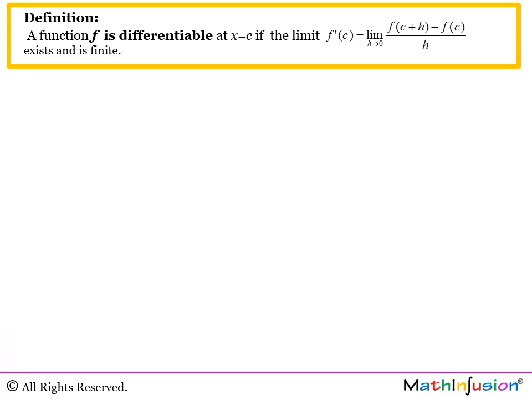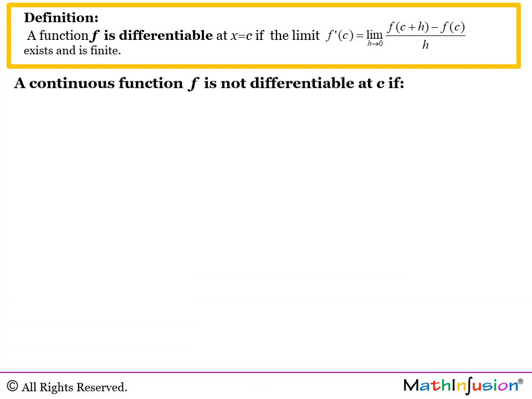Let's recall again the definition of a differentiable function at a point x equals c. There are actually two conditions here. First of all, the limit of f of c plus h minus f of c over h when h approaches 0 has to first exist and it must be finite.